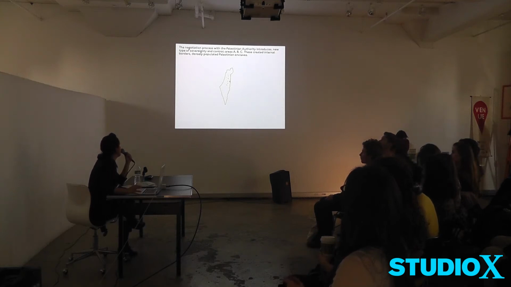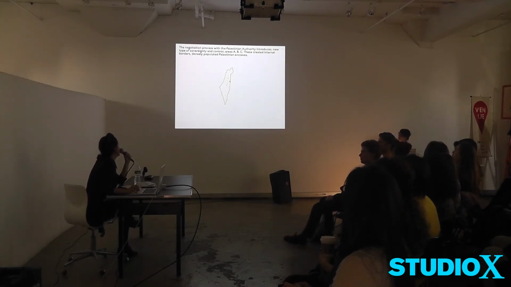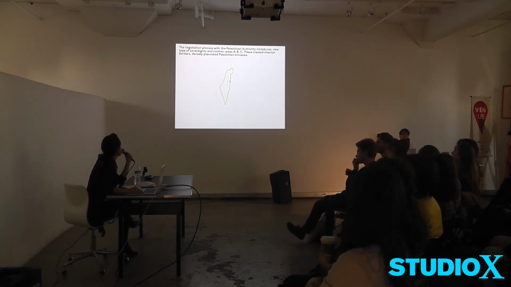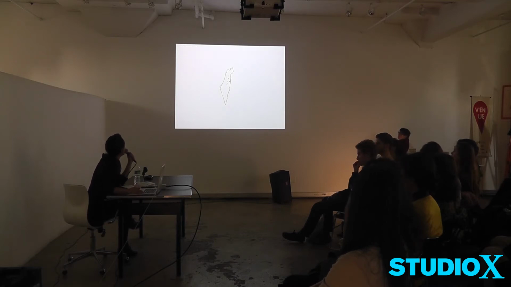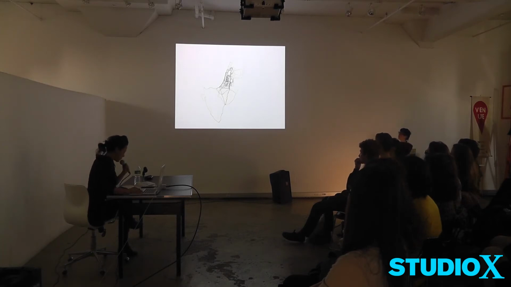They call it Area A, B, and C. And these internal borders basically create enclaves of densely populated Palestinian settlement, Palestinian existence. These are all the borders together.